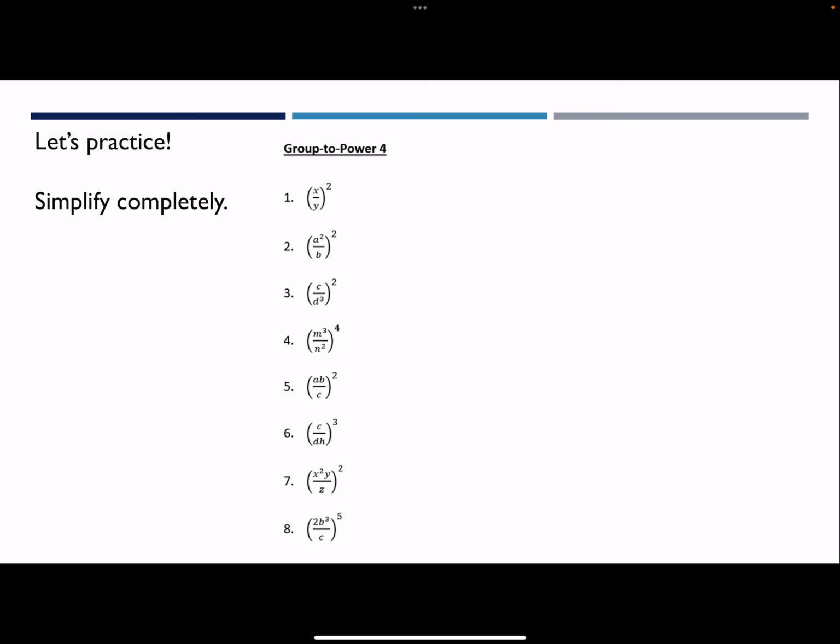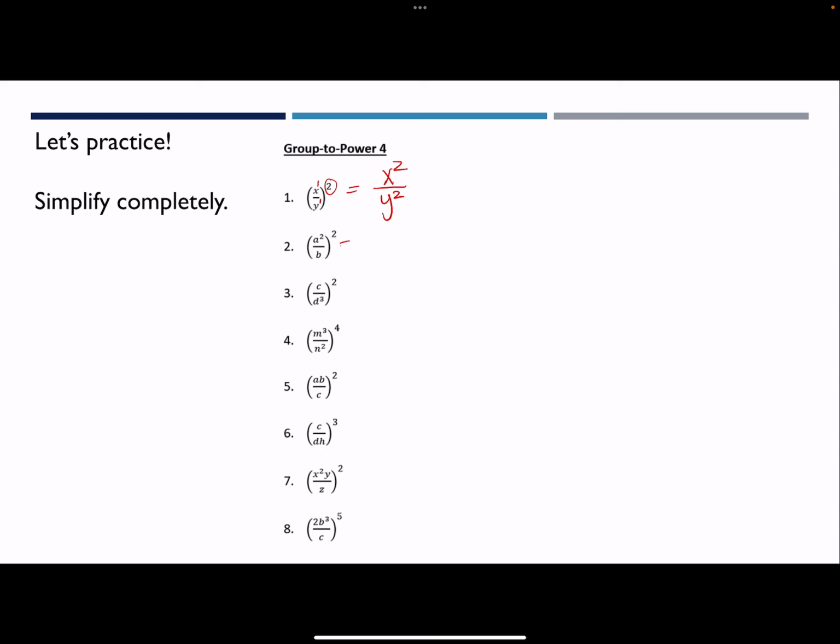Okay, so now let's go through these. Again, we're raising everything to the power on the outside of the parentheses. For number 1, inside the parentheses, it's like x to the first and y to the first. So 1 times 2 is 2. 1 times 2 again is 2.